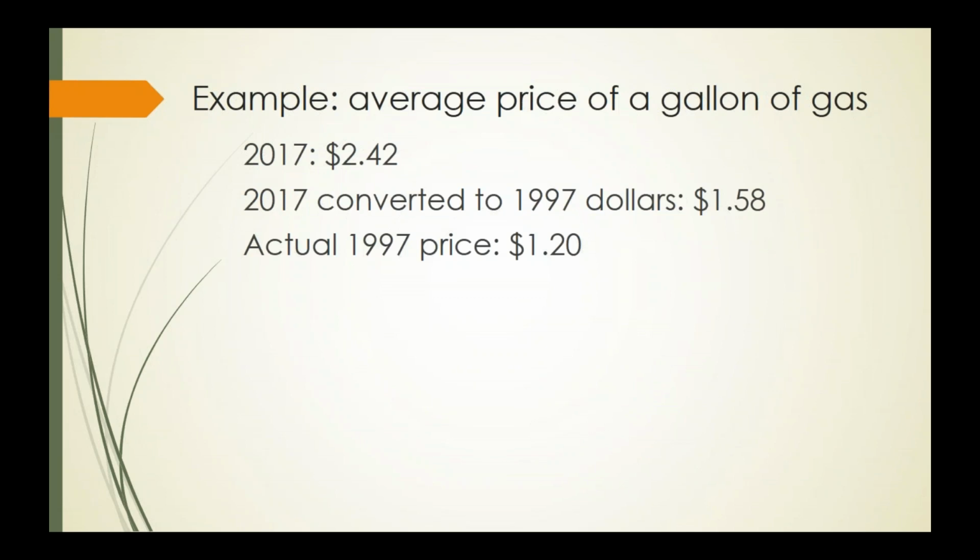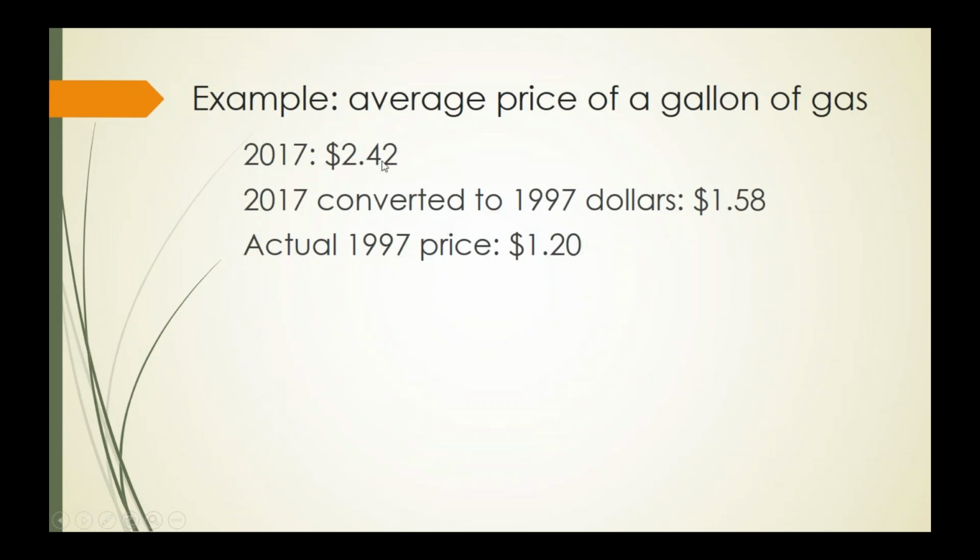Again, this is not the actual price of gas in 1997. All we've done is said if gas costs the same in 1997 as it did in 2017, it would be $1.58 per gallon. That $1.58 in 1997 is equivalent to $2.42 in 2017.